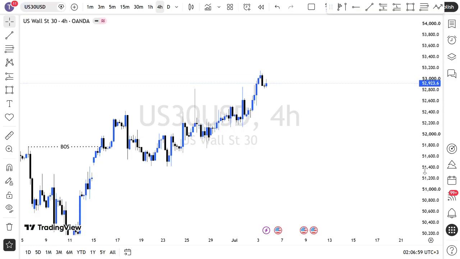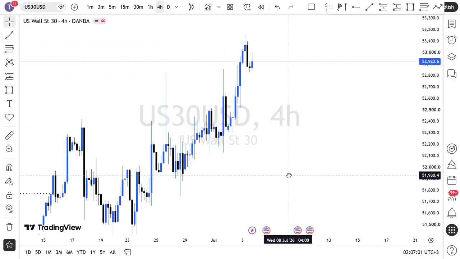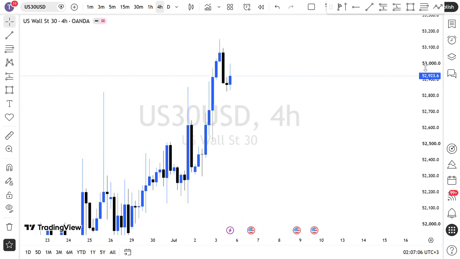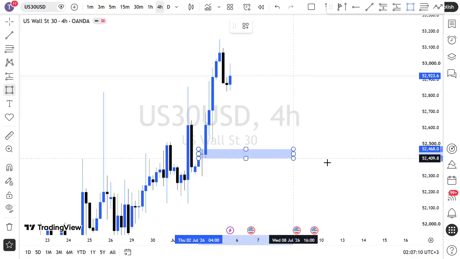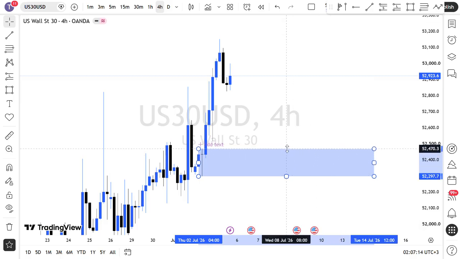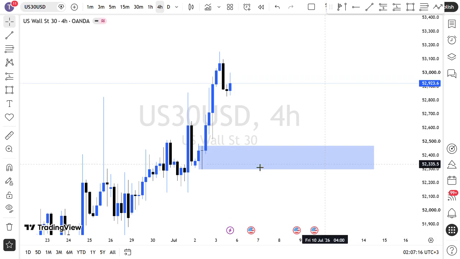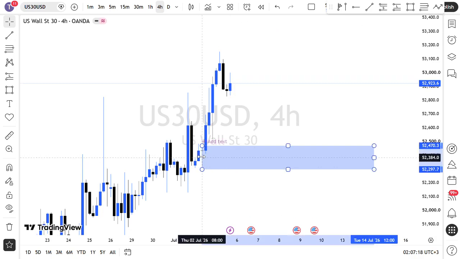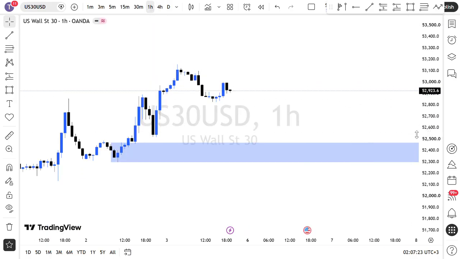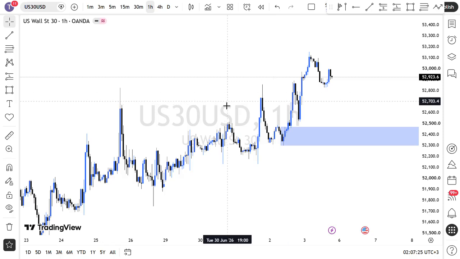Currently we have 2 points of interest here. I have this 1 point of interest in the higher time frame, which I can use as well. We have this 4 hour order block, which is a very good order block. And then we also have some internal structures, which we can see clearly in the 1 hour time frame, where we have some breaks to the upside.